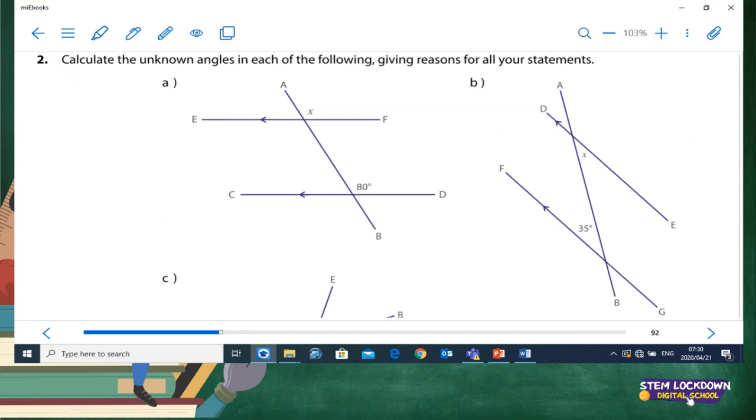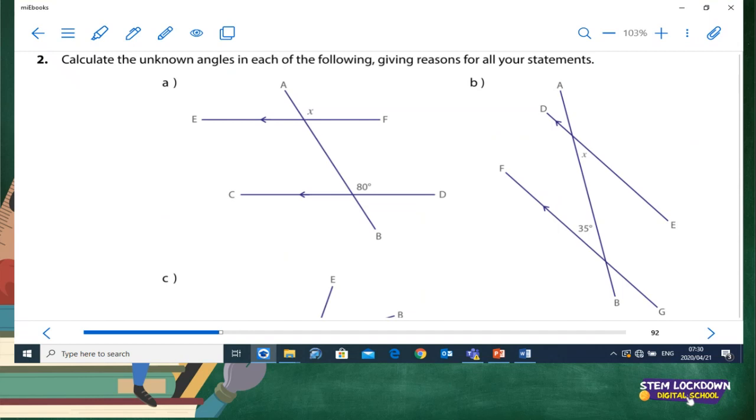So what will be the value of X? In order to find the value of X, we need to look at the parallel lines that are there. We have EF that is parallel to CD. Of course, you can tell without doubt that the angle X and the angle 80 are corresponding angles.